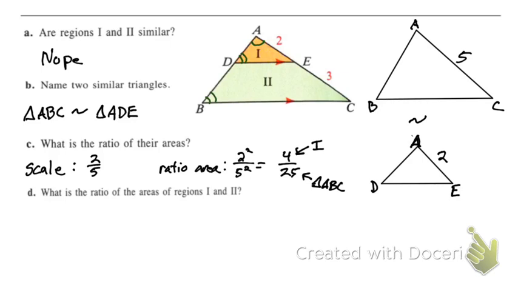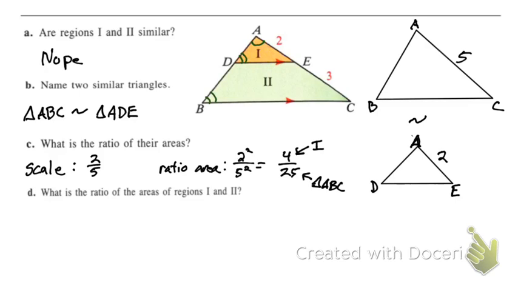Our next question is, what is the area ratio of 1 to 2? Area 1 to area 2. That's where it gets a little more complicated. You have to think what area 2 actually is depending on what we know. I know area 1 compared to triangle ABC.